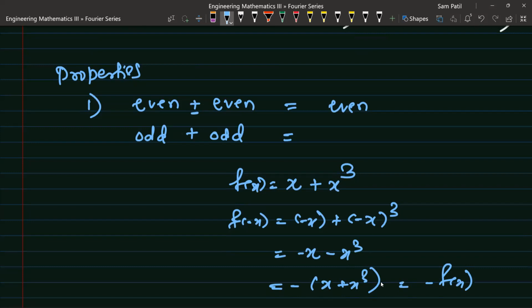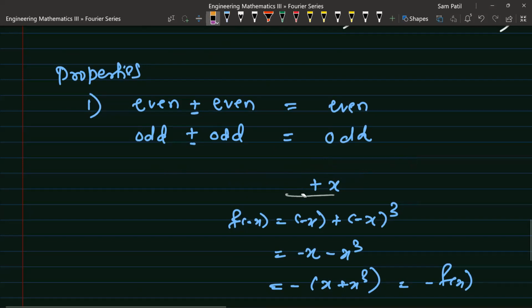See, this is odd. Yes, sir. This is also odd, and if we take their addition, we get again an odd function. So addition and subtraction of two odd functions is again an odd function.